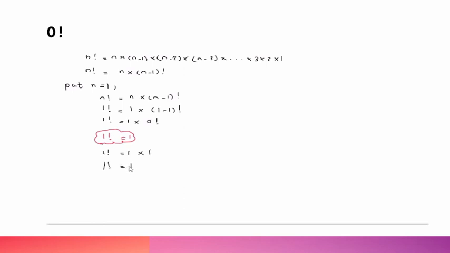So here 0 factorial must equal 1. We can conclude that 0 factorial equals 1.